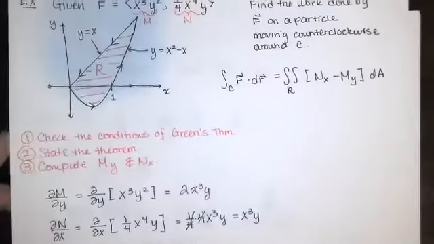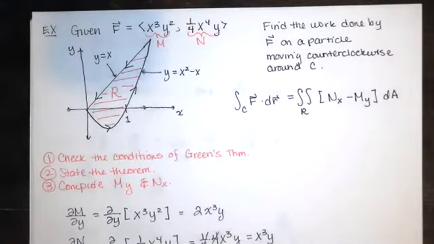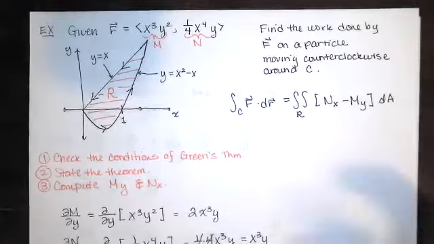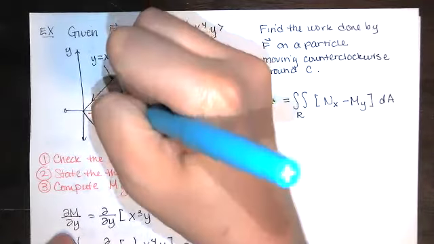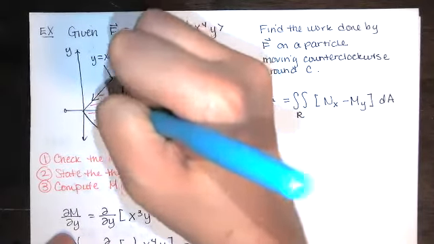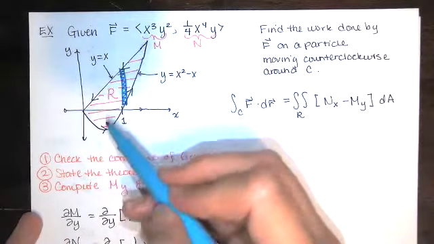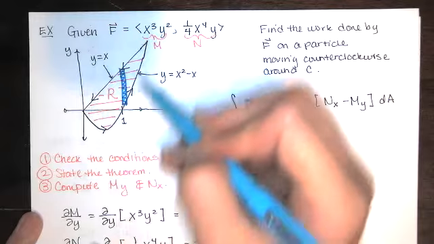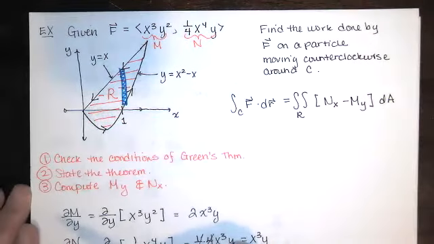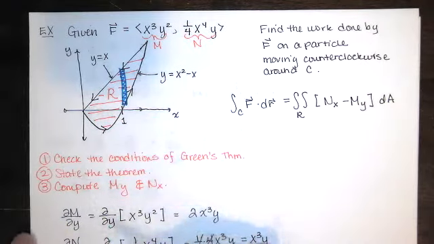Okay, to find bounds for R, I notice that if I draw my rectangles this way, the top function is x the whole time, and the bottom function is x squared minus x. So this is going to work out just fine.